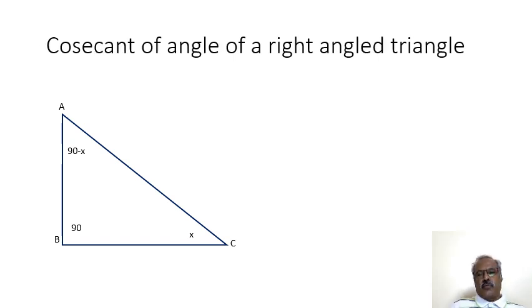The next trigonometric ratio is called cosecant. So cosecant of x is defined to be the hypotenuse upon the opposite side to angle x. So here it is in the figure, AC upon AB, which is also equal to 1 over sine of x, because sine of x was AB upon AC. So 1 divided by AB upon AC would give us AC upon AB.